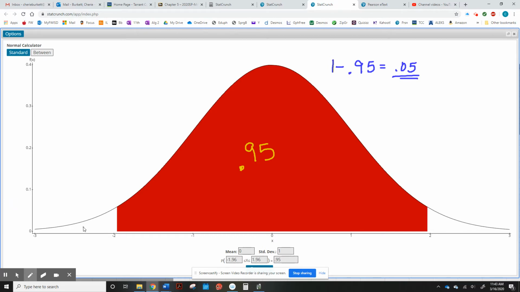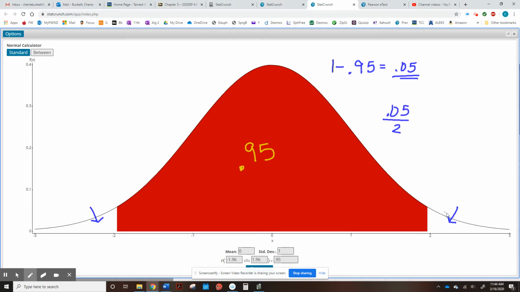Well, we've got two unshaded sections, and we know that they should be the same size because we did two z-scores that are the same. So the area to the left of this one and the area to the right of that one is the same. So we're taking this 5% right here and dividing it into two equal parts, because part of it is over here and the other part is over here.